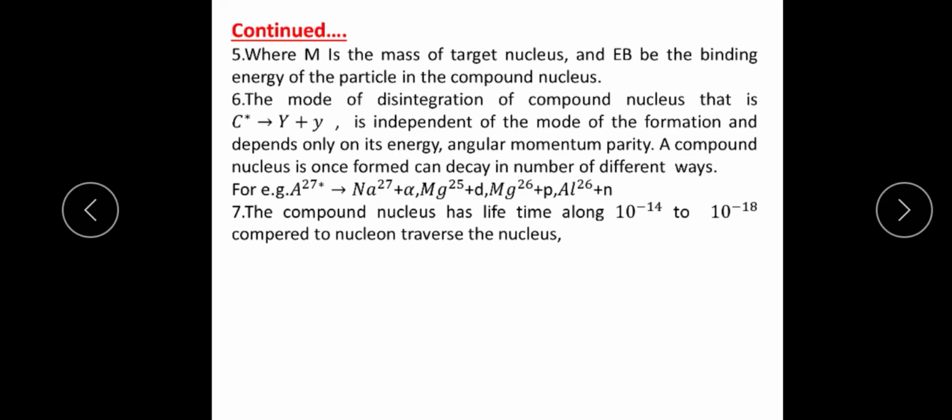That compound nucleus has a lifetime of around 10 to the power minus 14 to 10 to the power minus 18 seconds, compared to the time for a nucleon to traverse the nucleus.